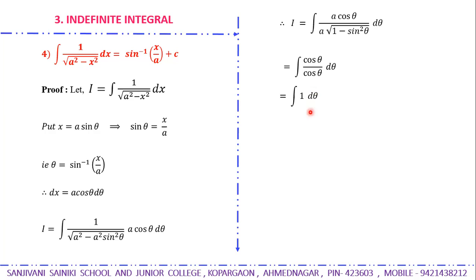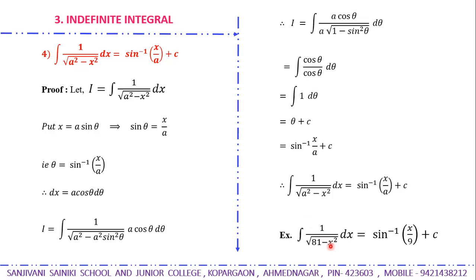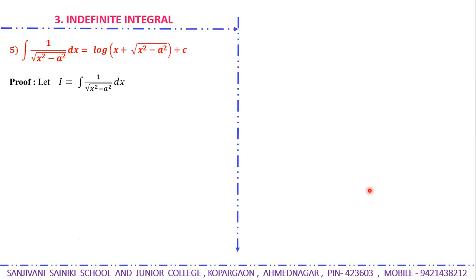You get 1 d theta. Its integral is theta plus c. But what is theta? Theta is sin inverse of x by a. So integration of 1 upon root a square minus x square dx is equal to sin inverse of x upon a plus c. So for example, integration 1 upon root 81 minus x square dx is equal to sin inverse of x by 9 plus c with the help of this formula.